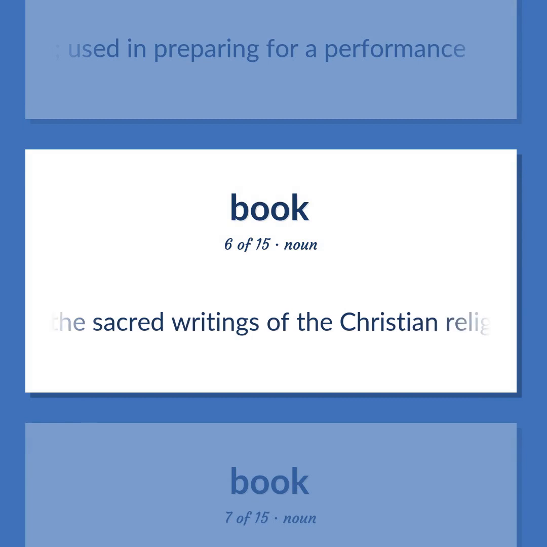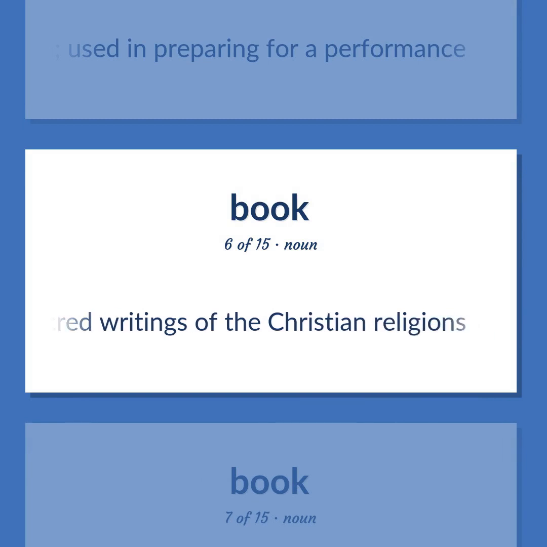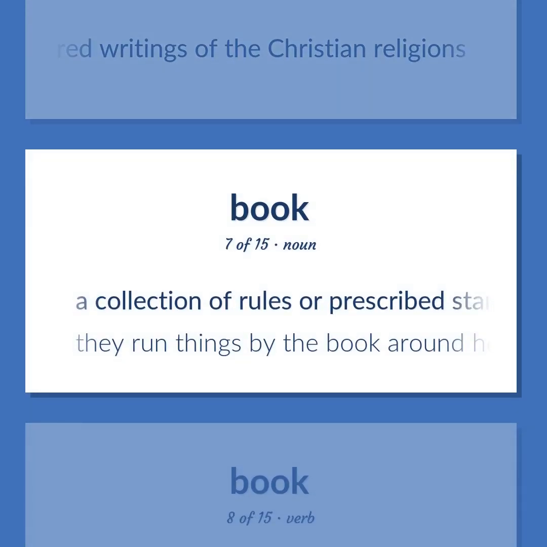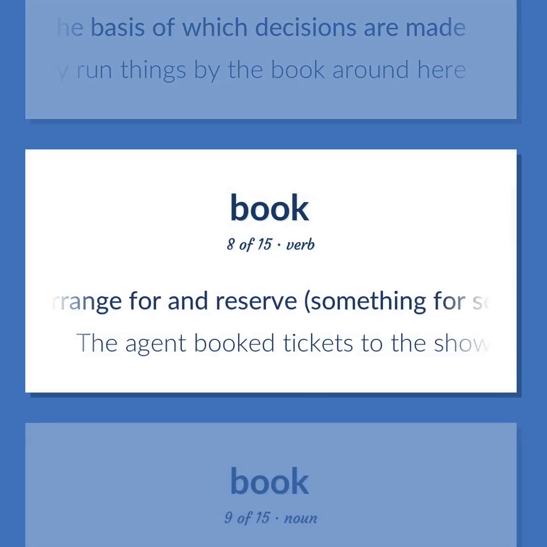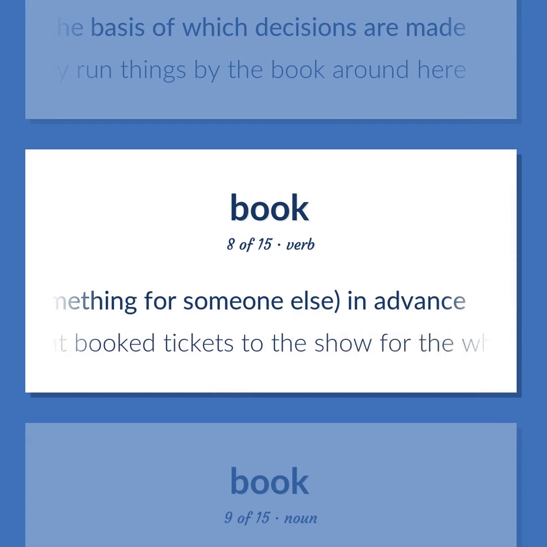The sacred writings of the Christian religions. A collection of rules or prescribed standards on the basis of which decisions are made. They run things by the book around here. Arrange for and reserve something for someone else in advance. The agent booked tickets to the show for the whole family.